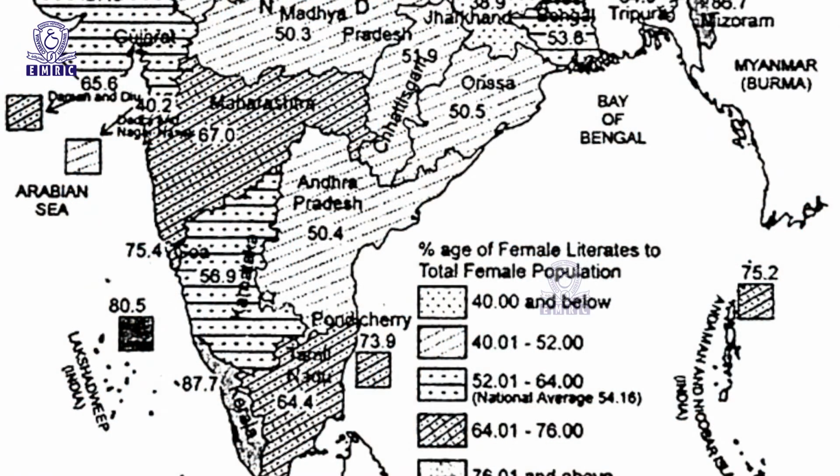In female literacy, the leading states are Kerala with 91.98%, Mizoram, Tripura, Goa, Himachal Pradesh, and Maharashtra. The states and union territories of Kerala, Lakshadweep, Mizoram, Tripura, Goa, Daman and Diu, Puducherry, Chandigarh, NCT Delhi, and Andaman and Nicobar Islands have achieved a literacy rate of above 85%.